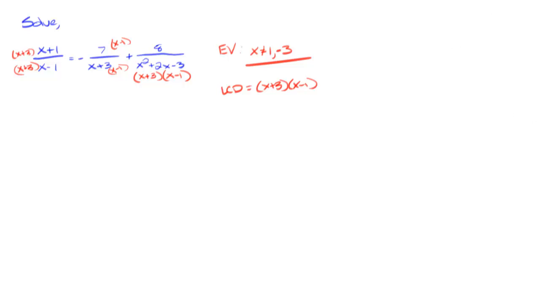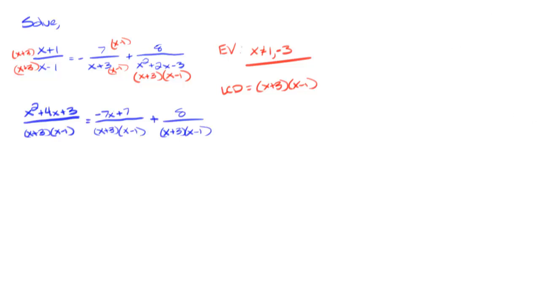Here's what that would give us. In each of the denominators, we now have x plus 3 times x minus 1. We already had that in the last fraction. We built the first two fractions into this x plus 3, x minus 1 by multiplying in their missing factors. In the numerator of the first fraction, I multiplied x plus 3 times x plus 1 and got x squared plus 4x plus 3.